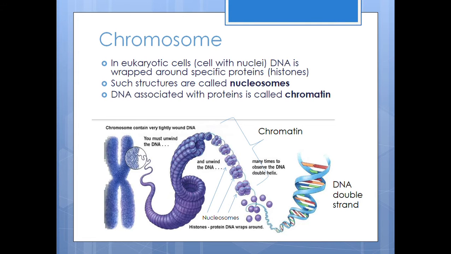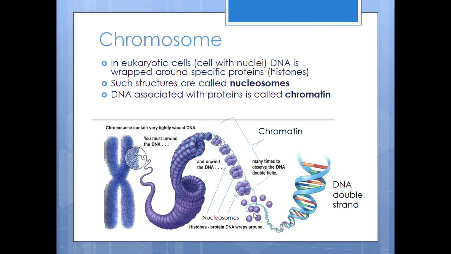A chromosome is not pure DNA. The molecule of DNA is the most important because it encodes proteins, but it must be somehow physically arranged. So, as you can see on the diagram, the double helix of DNA is not allowed to float freely, but it is organized in specific structures using proteins called histones.